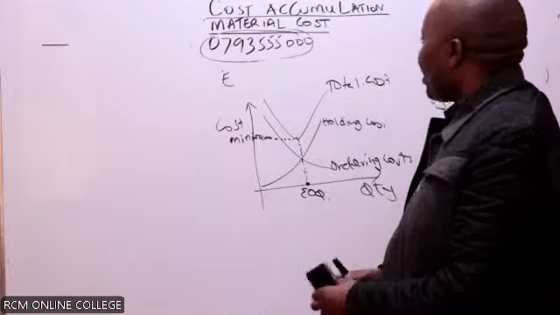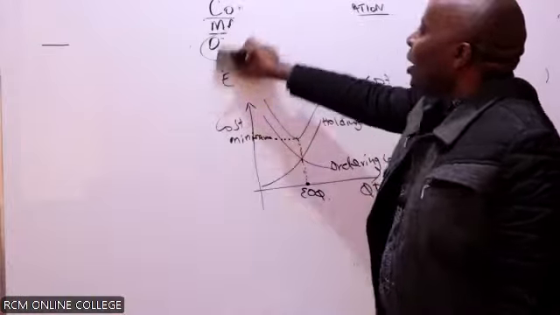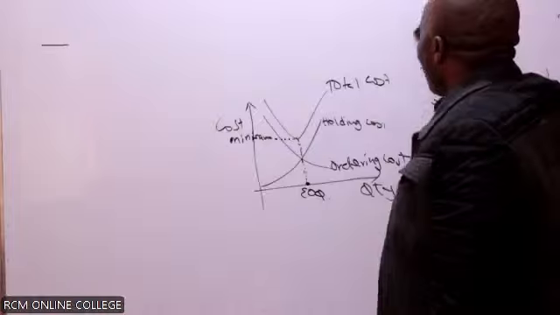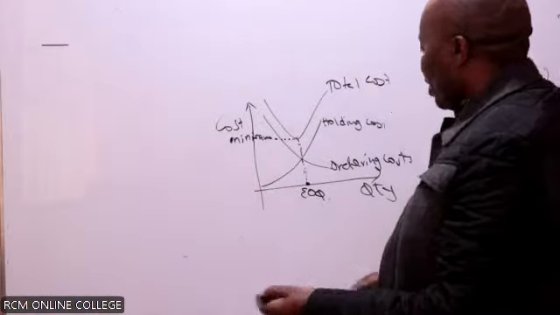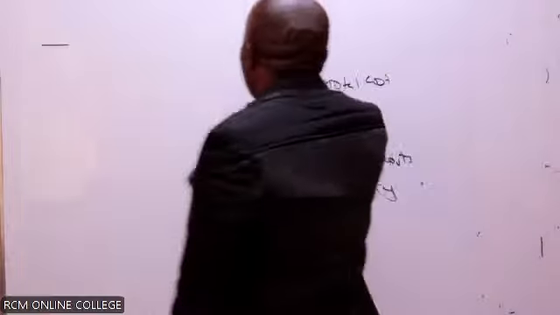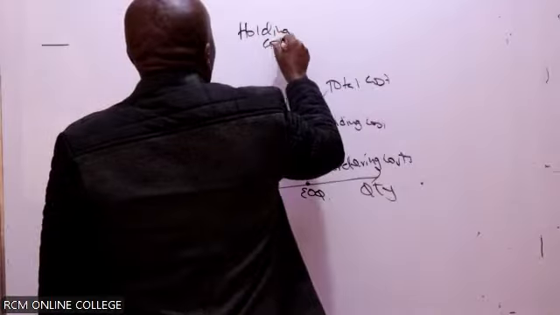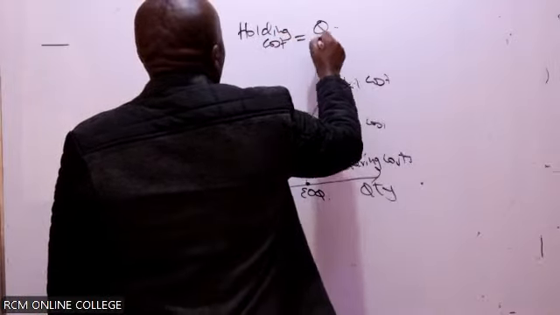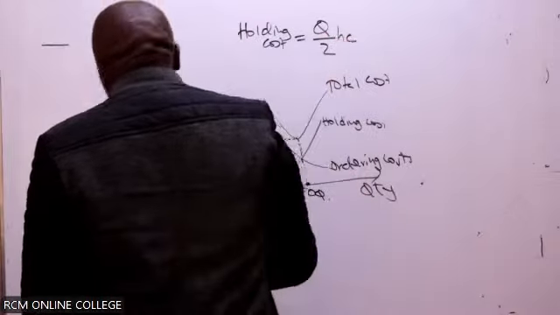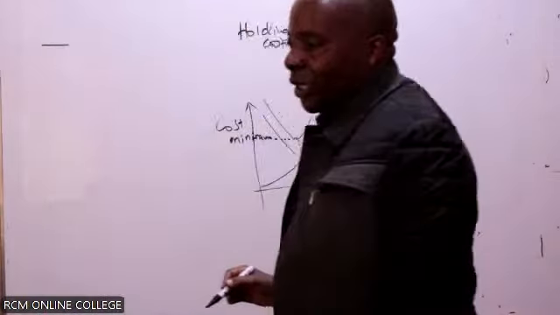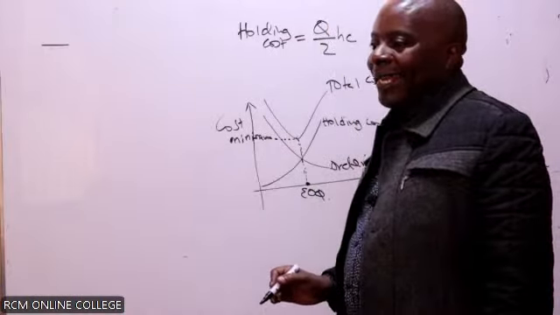Now, ladies and gentlemen, I would want you to listen to me very well. Whenever they want us to give them holding cost, how do we give it? We take Q over 2, because it's always based on average stock. So holding cost is Q over 2 multiplied by HC.